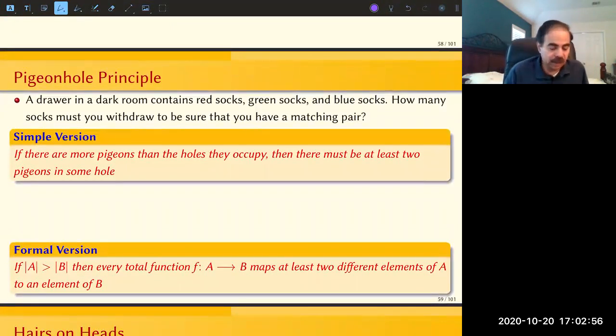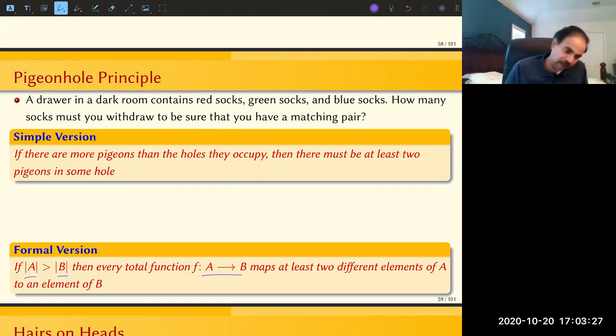So we can also state the pigeonhole principle in terms of sizes of sets. If you have 2 sets, A and B, and the size of set A is bigger than the size of set B, then every total function from A to B must map at least 2 different elements of A to the same element of B, right?